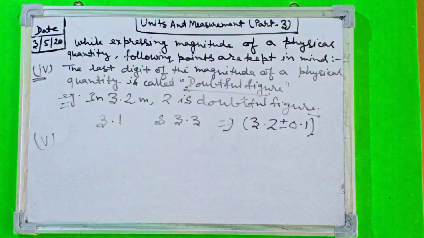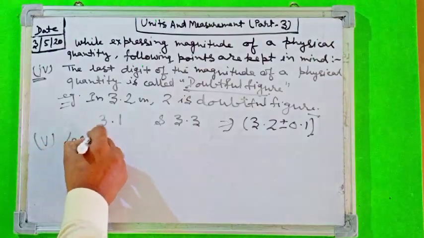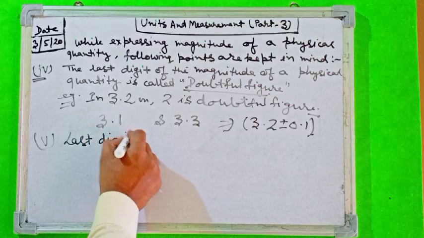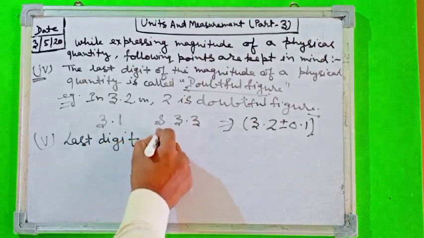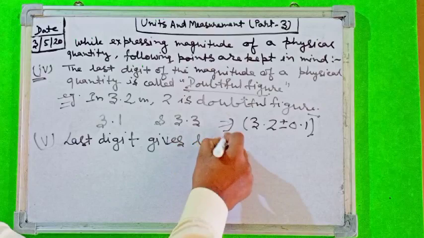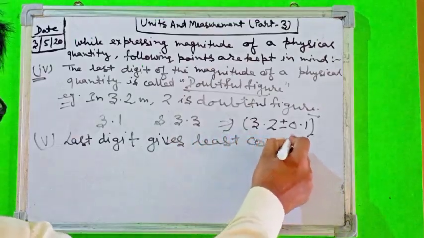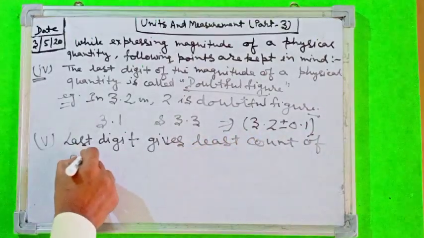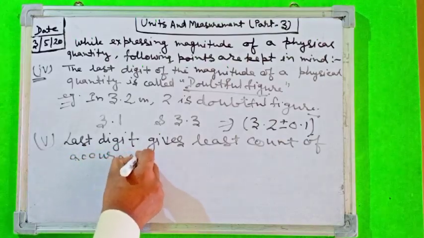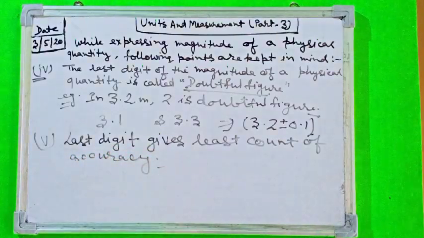Now the next point: the last digit in the magnitude of a physical quantity gives the least count of accuracy.